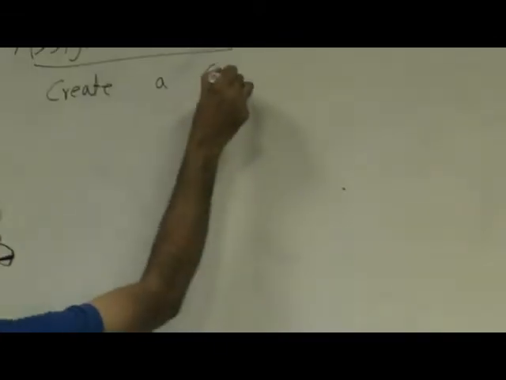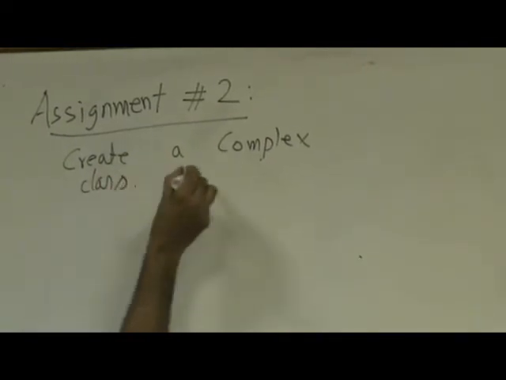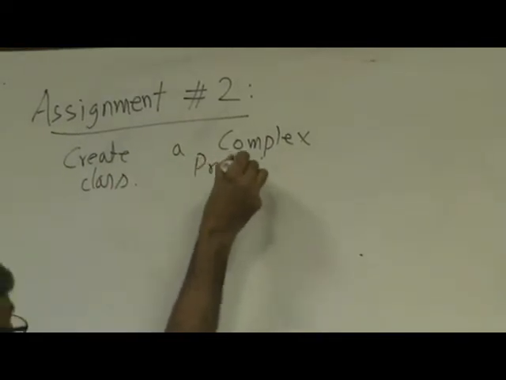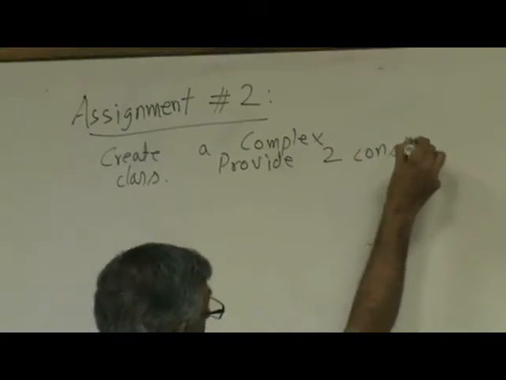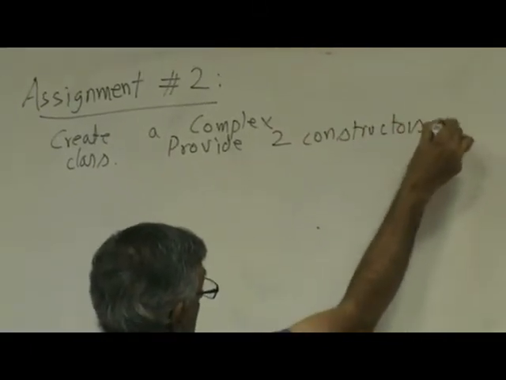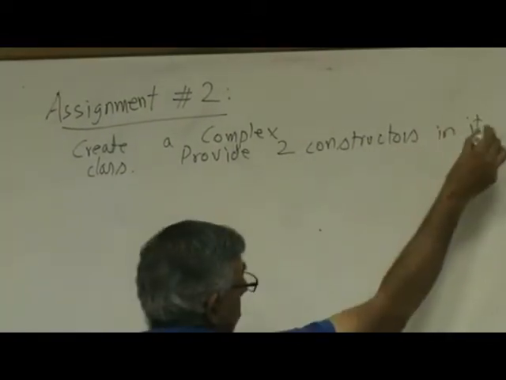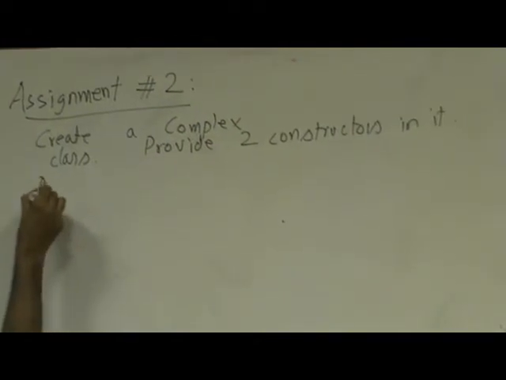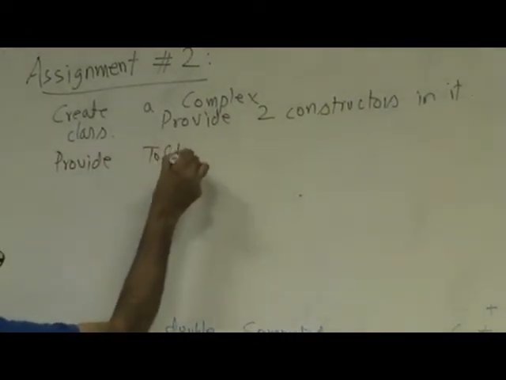Create a Complex class. Provide 2 constructors in it, just like I showed you. Provide a ToString method.